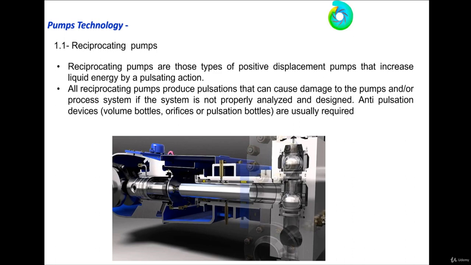That means that if the discharge pressure is 100 bar, the discharge pulsation damper installed in the line has a bladder, and this bladder is filled with nitrogen. The nitrogen pressure shall be 70 to 80% of the operating pressure, which means 70 to 80 bar.